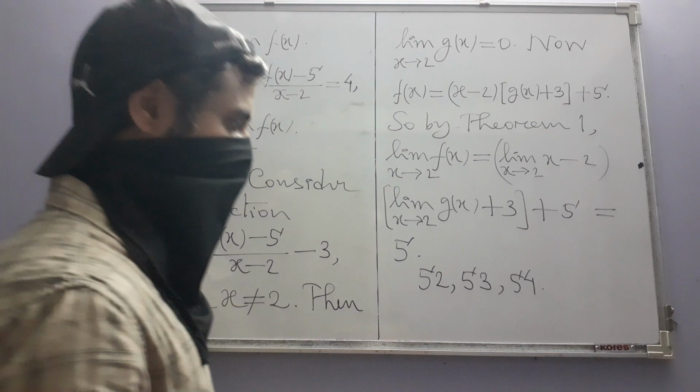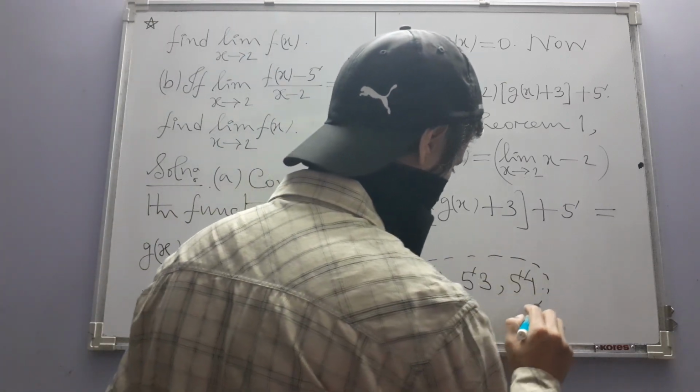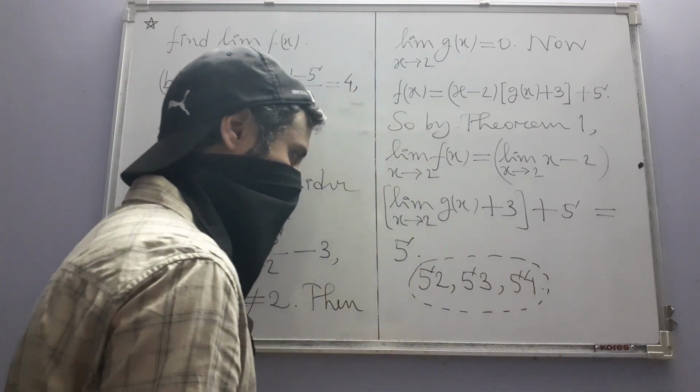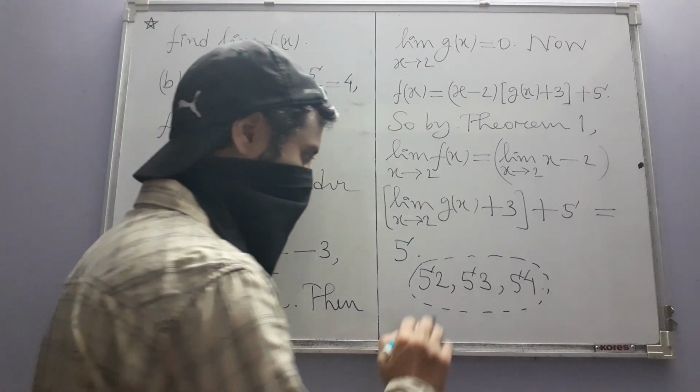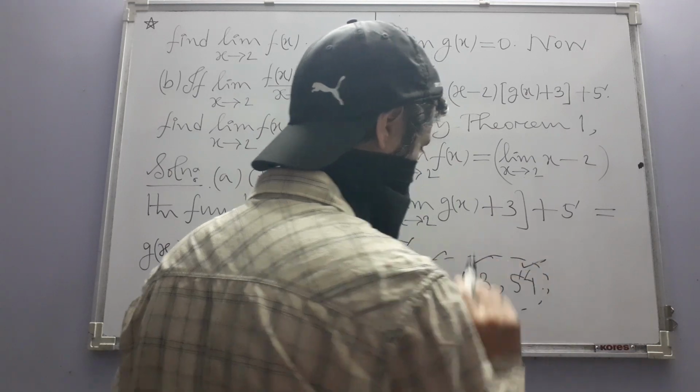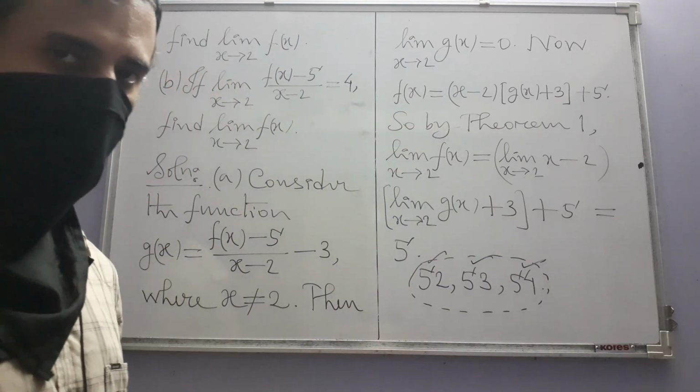So you go through these things, and please let me know in the comment section below if you have some doubt, or if you are unable to write the solutions to these exercises.